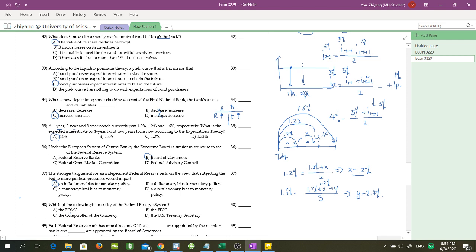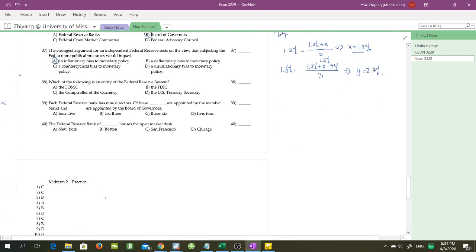So that is an inflationary bias to monetary policy. We want to print a lot of money to overheat the economy so that the economy looks good and people are going to vote for a good economy. That's why for question 37 we're selecting A.